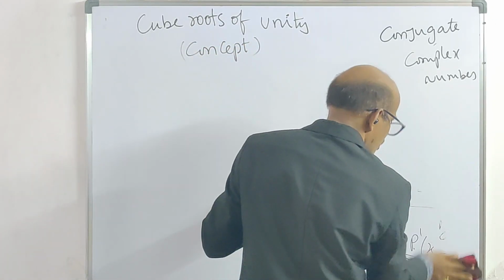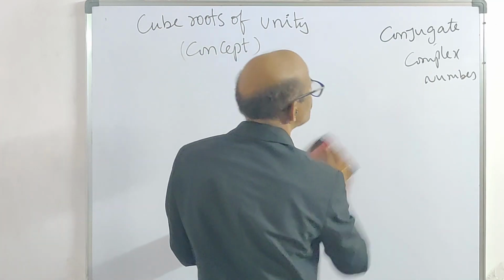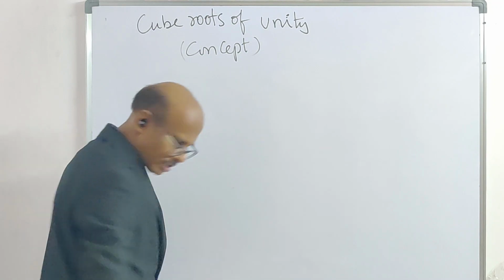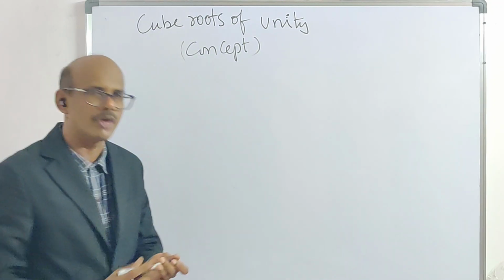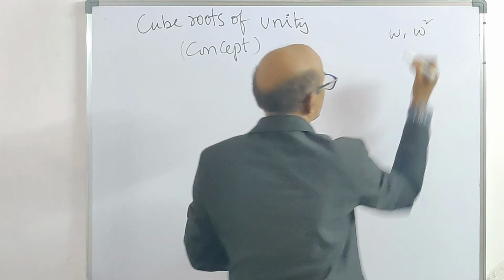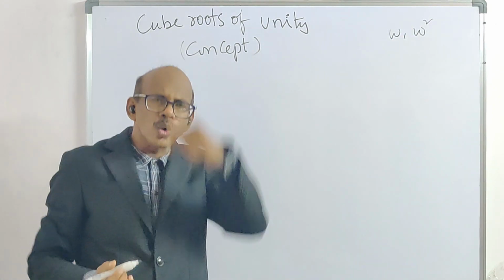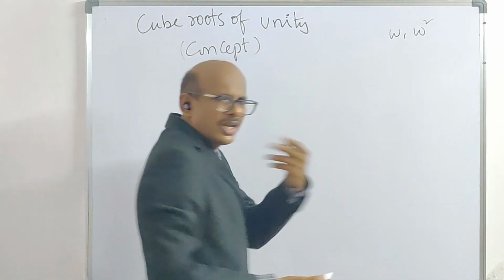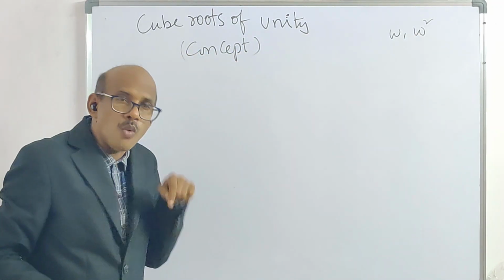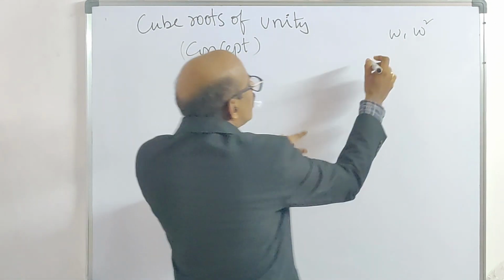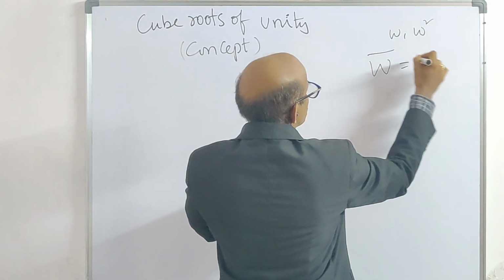Why I introduced this basic idea of conjugate complex number, the reason in my mind is only a simple observation. Omega square I already introduced, and omega and omega square are the roots of x square plus x plus 1 equal to 0. Now one important conjugate property while I am discussing: the conjugate of this is this.